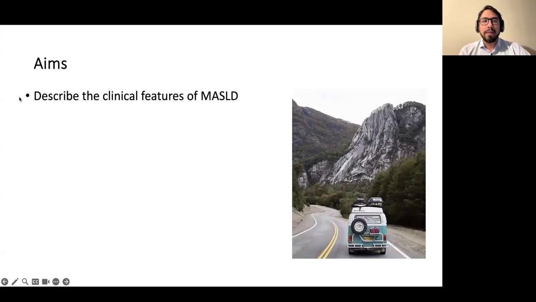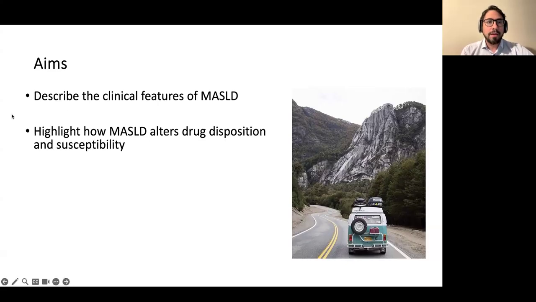And for today, I would like to highlight the clinical features of MASLD, what we really know until October 2025, and also highlight how MASLD can alter drug disposition and susceptibility.